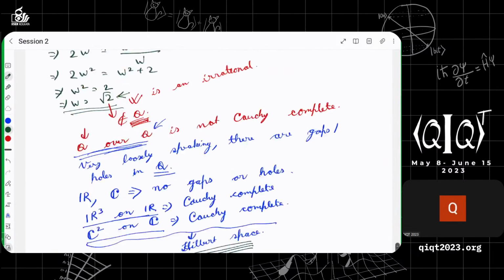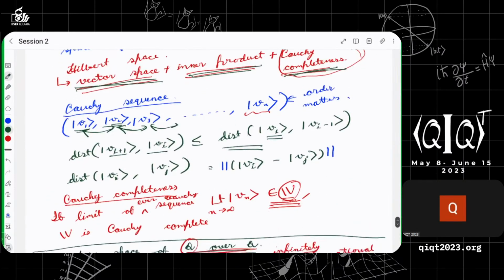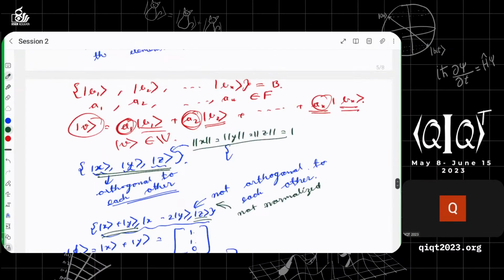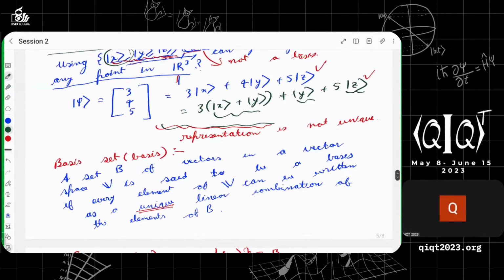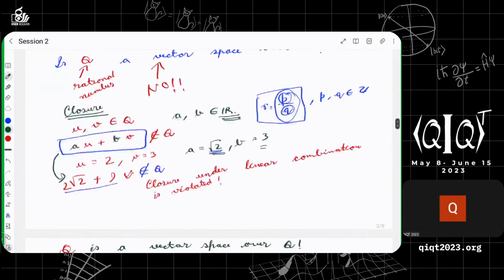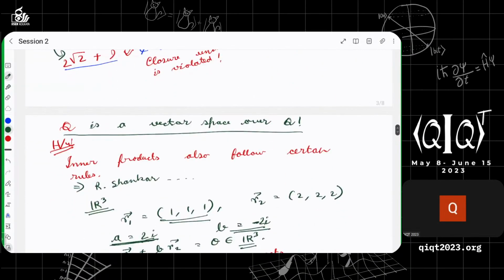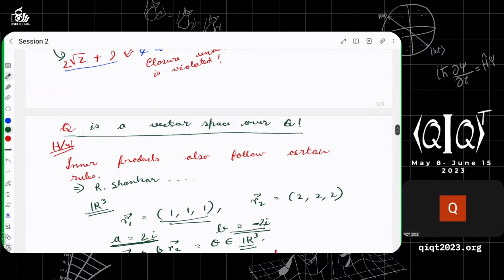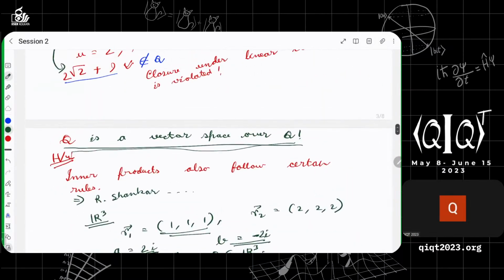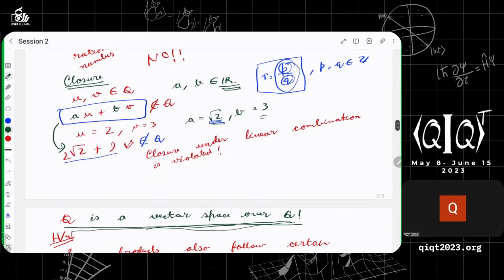Over the course of this session, I have asked you to do some things at home. For example, proving that certain sets are Hilbert spaces or that they are not Hilbert spaces, and proving that the set of rational numbers is a vector space over itself.